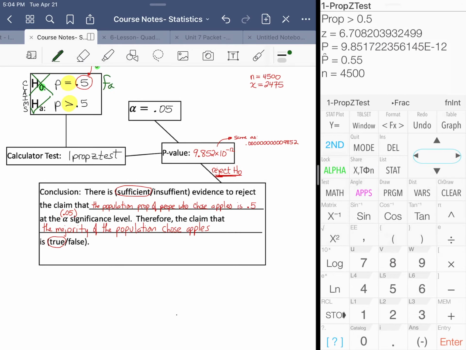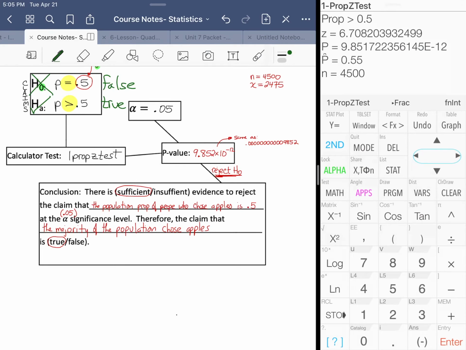So this one would be false and this one would be true. So sufficient evidence to reject the claim of the null hypothesis in words at the 0.05 significance level. Therefore, the claim that the majority of the population chose apples is going to be true because I've eliminated the possibility that the null would be true. So the alternative is the one that has to be true.